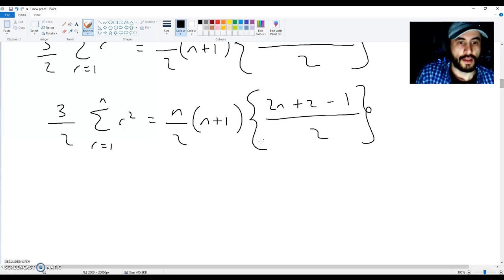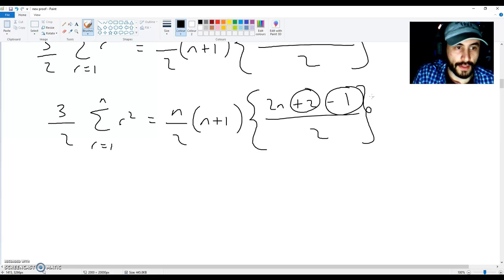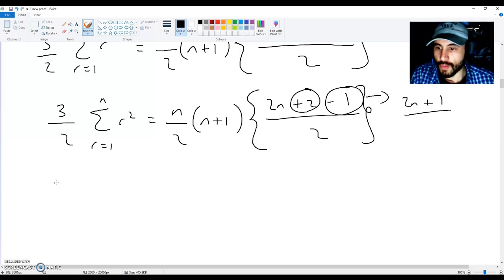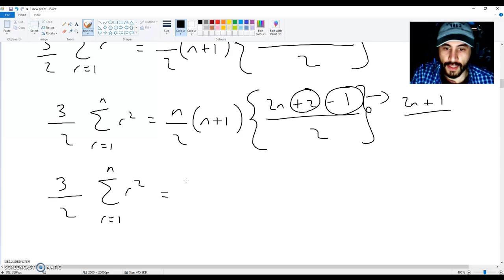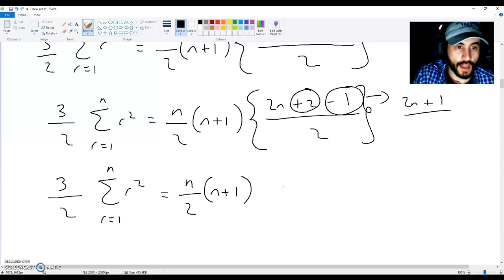And as we can see here, we've got a plus 2 and a minus 1, so this at the top becomes 2n plus 1. So what we end up with is 3 over 2 multiplied by this, and that is going to be equal to n over 2 multiplied by n plus 1 multiplied by 2n plus 1 at the top here over 2.